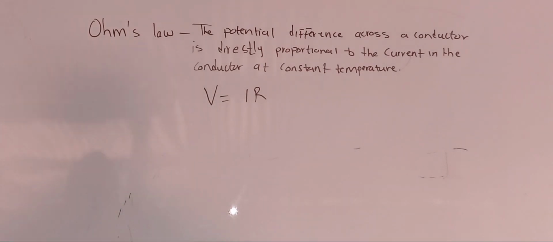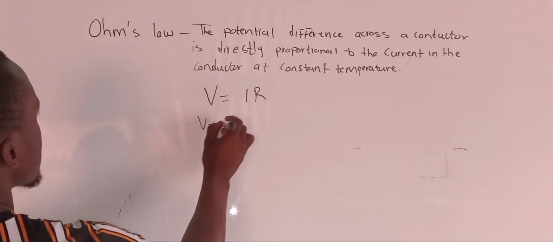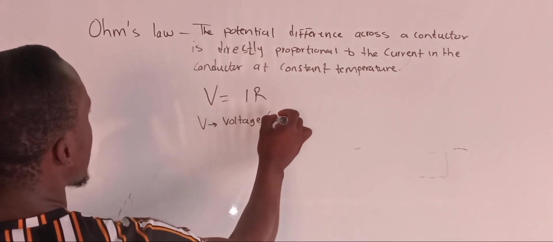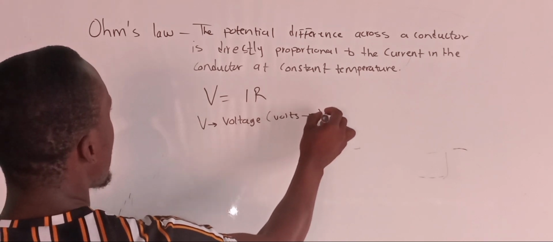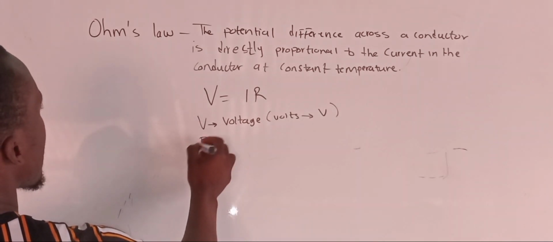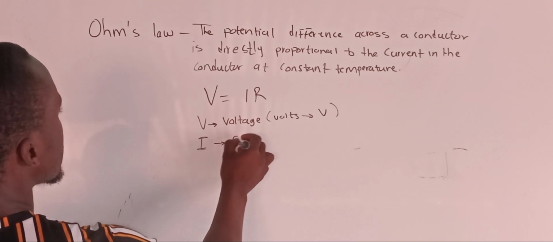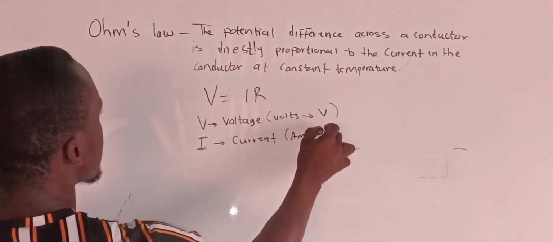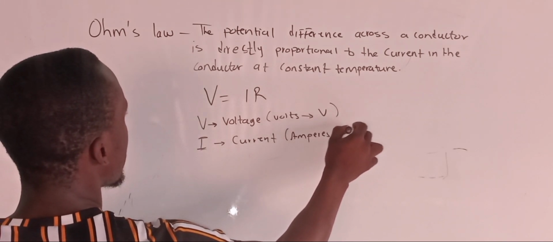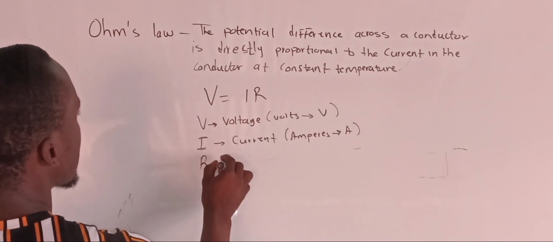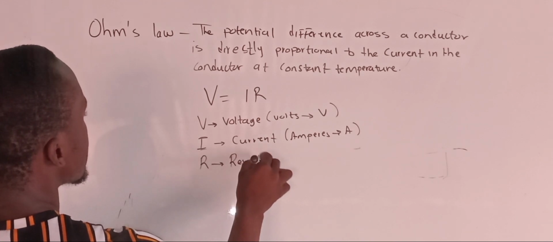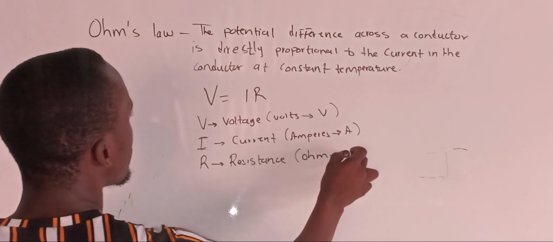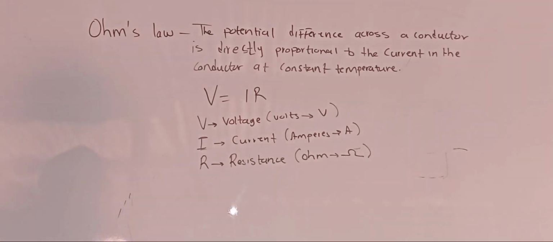V equals IR, where V is not the velocity but is the voltage or the potential difference measured in volts, or V. Then I is the current measured in amperes, which is A. Then R, the resistance, measured in ohm.